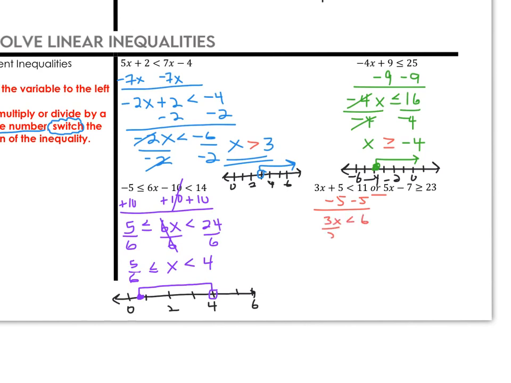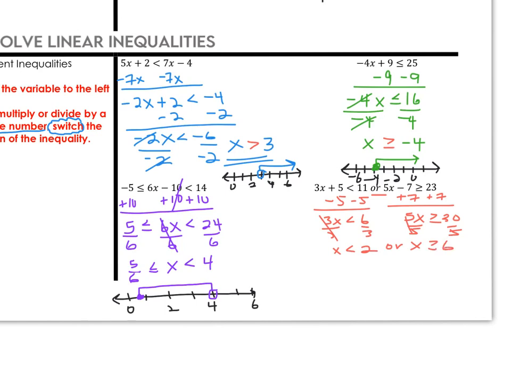And then if I divide by 3, I get x is less than 2. And then the word or, and we solve the other inequality. Add 7 this time, and we have 5x is greater than or equal to 30. Divide both sides by 5, that cancels, and we get x is greater than or equal to 6.